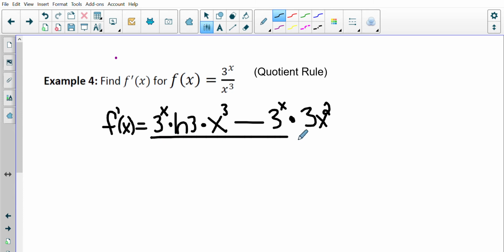And then, of course, can't forget the denominator, which is just going to be x cubed, and then we have to square it.